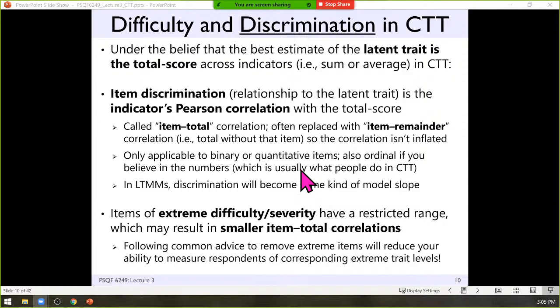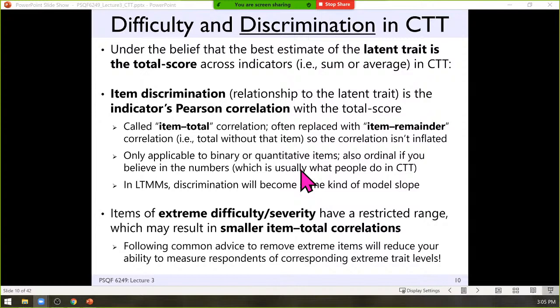So these correlations are overly optimistic if your items or your indicators have boundaries to them, which would enforce a nonlinear relationship to the trait. So we'll get to that later, but that just means that these are optimistic.